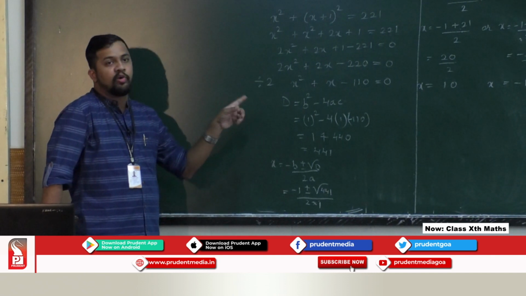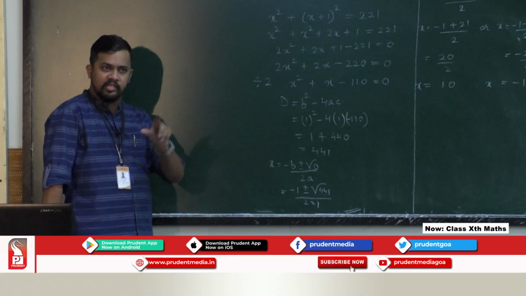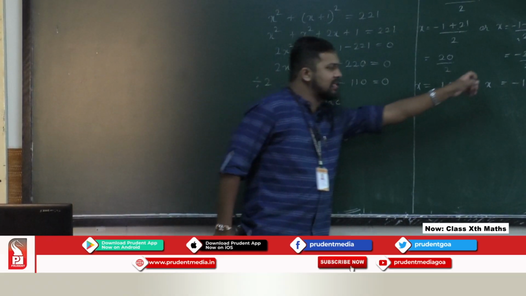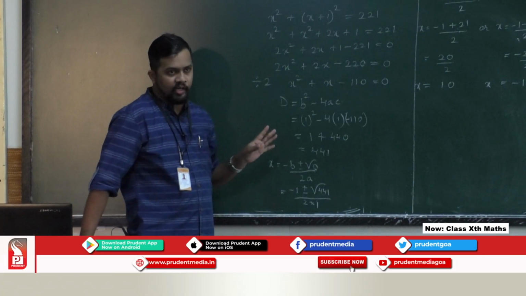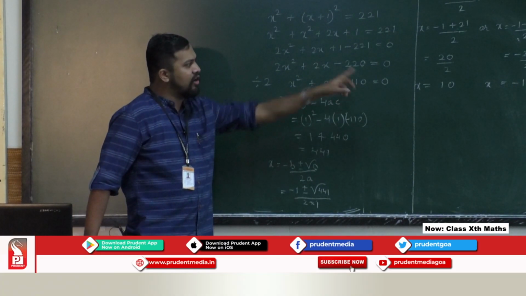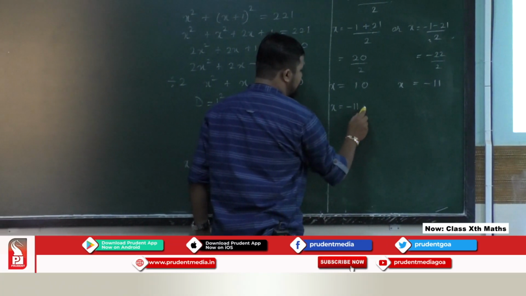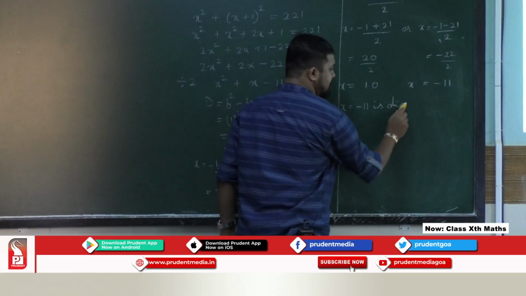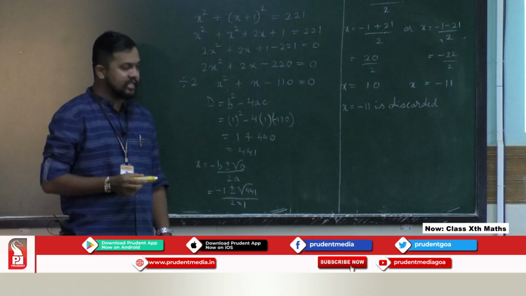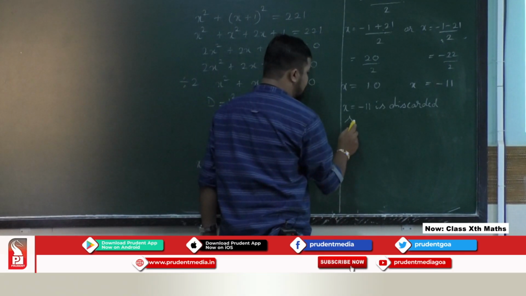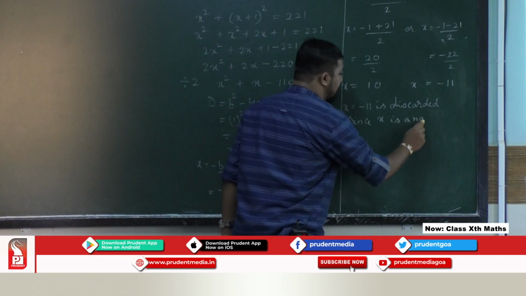Now what I have to do, I have to omit one number. There are some numbers which do not have existence in real life. We know negative numbers exist, but here the numbers are natural. Natural numbers are not negative, they are all positive. So I have to discard this number. So x equal to minus 11 is discarded. When I discard, I have to write a reason also why I am discarding: since x is a natural number.